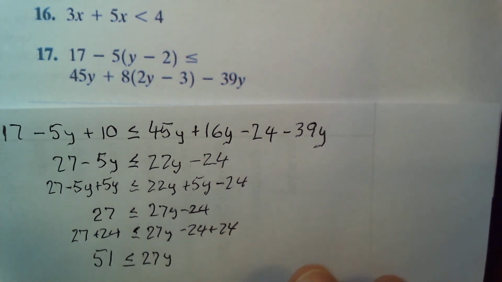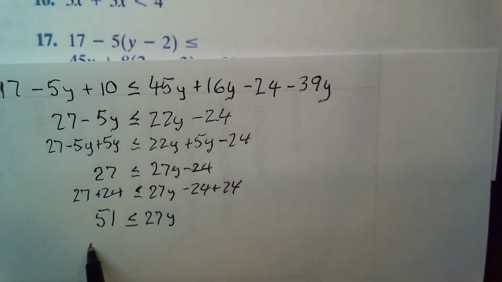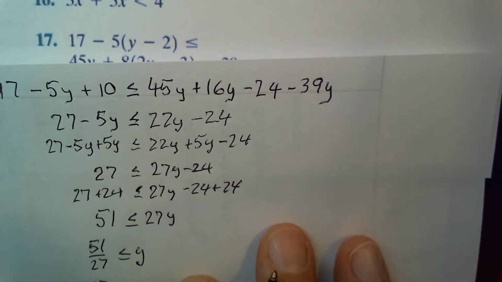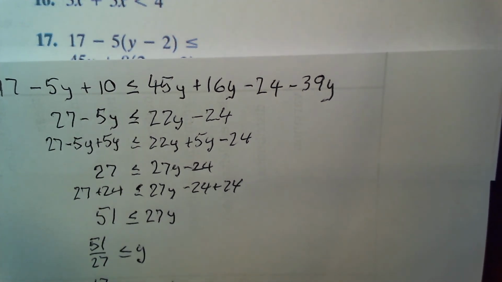Now we divide both sides by 27. And so then we have 51 divided by 27 less than or equal to y. And this reduces to 17 divided by 9 less than or equal to y. Or we can say y is greater than or equal to 17 divided by 9.